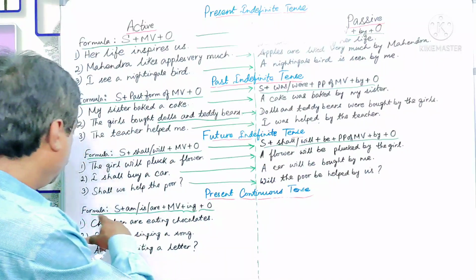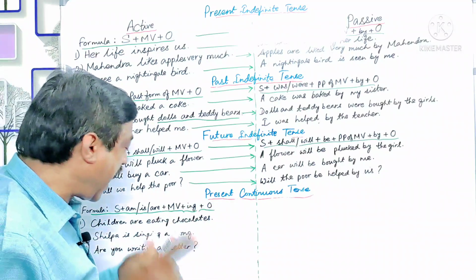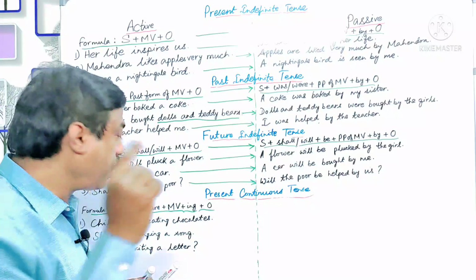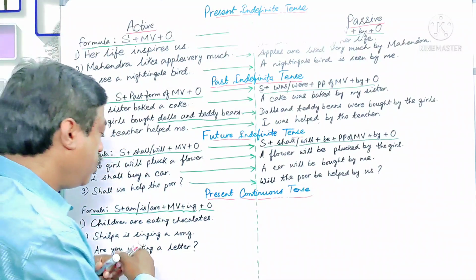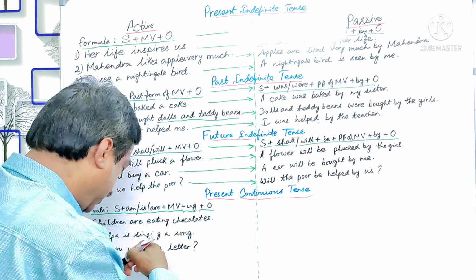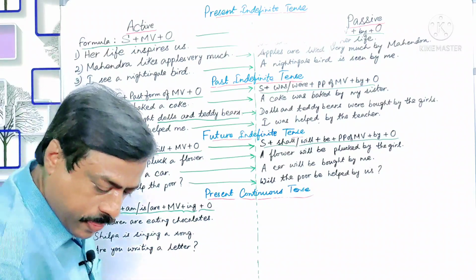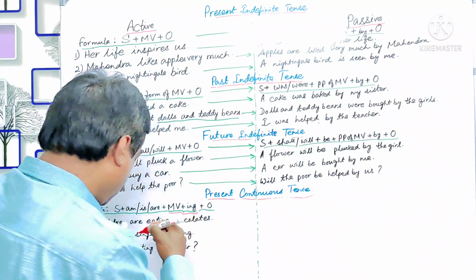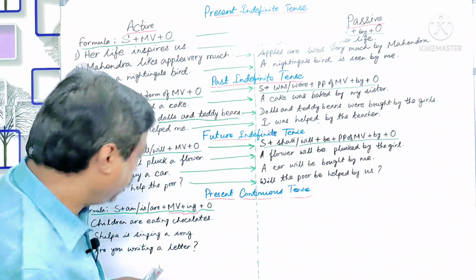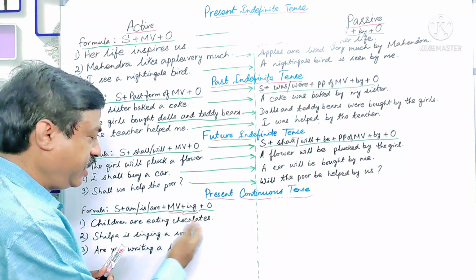Now I come to the formula here. The formula in the present continuous tense: subject plus am or is or are plus main verb plus ing. So main verb plus ing, actually the verb becomes a participle here. Whatever verb it can be, here it is eat, so ing is added, it becomes eating.